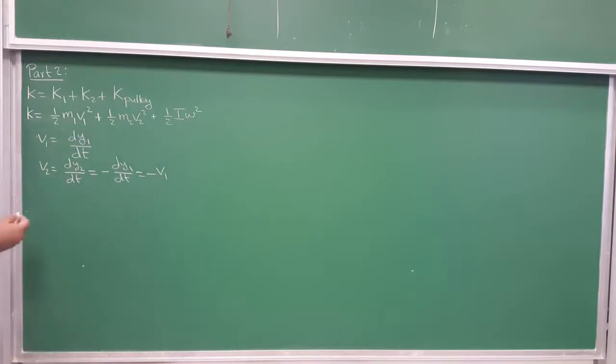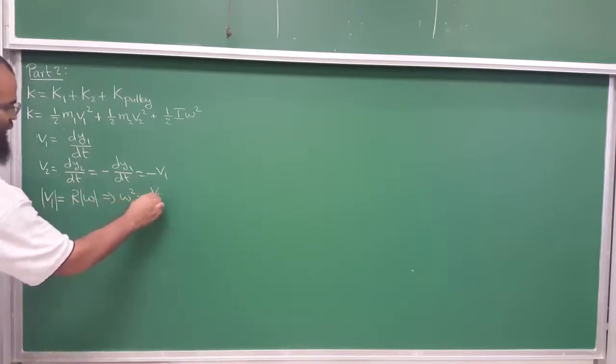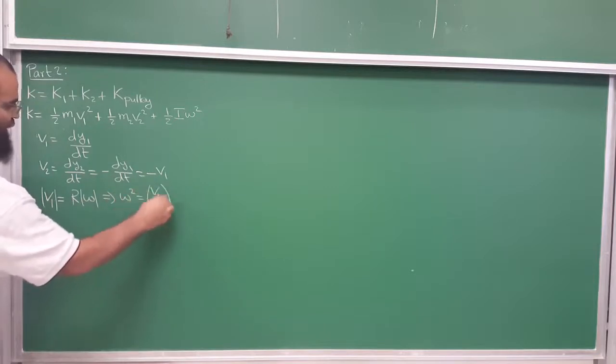And the pulley, remember, omega is theta dot, but the tangential velocity will equal r times omega. So in magnitude, v1 will equal r omega. I put positive there, like that. So omega squared, in other words, will equal v1 over r, the whole thing squared.